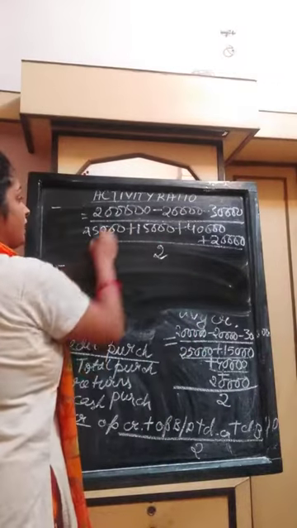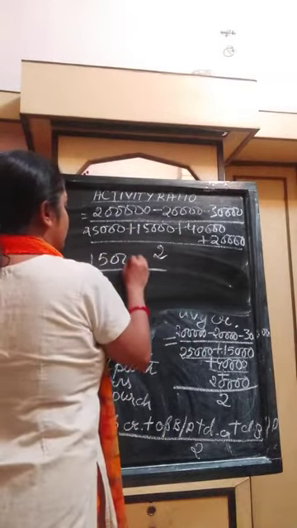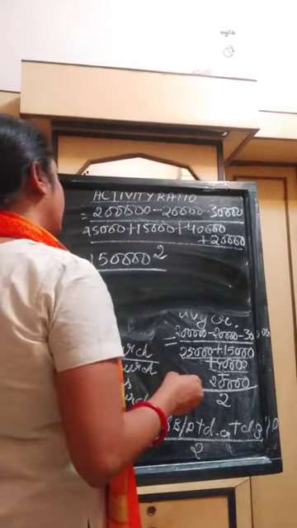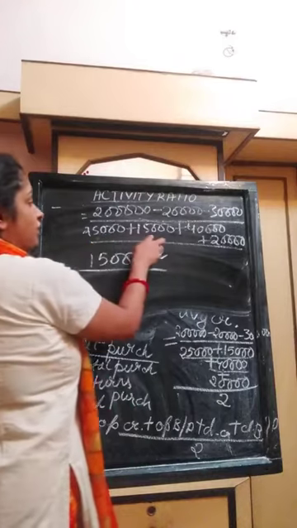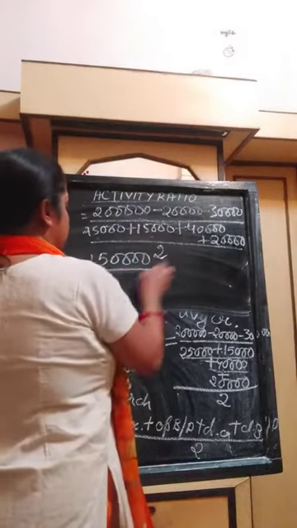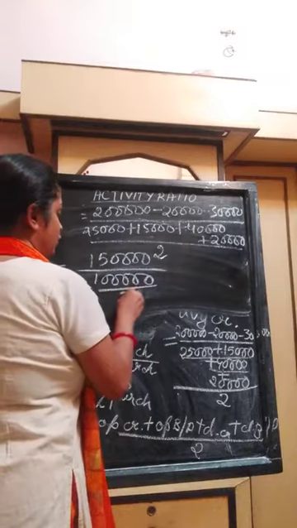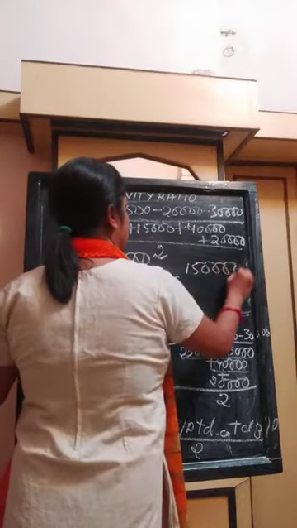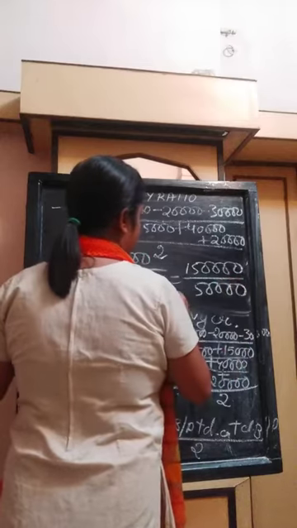Now the numerator is coming 1,50,000, and the denominator is coming 1 lakh: 25 plus 15 is 40,000, and 60,000, that is 1 lakh, divided by 2. So ultimately it is 1,50,000 by 50,000, which means 3.